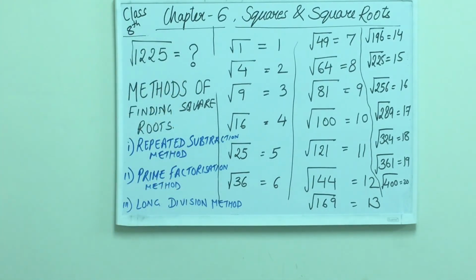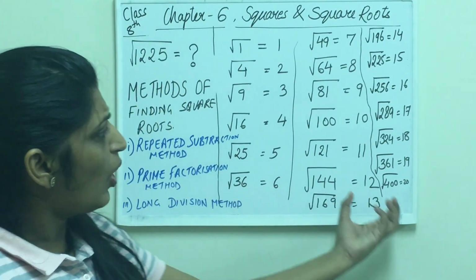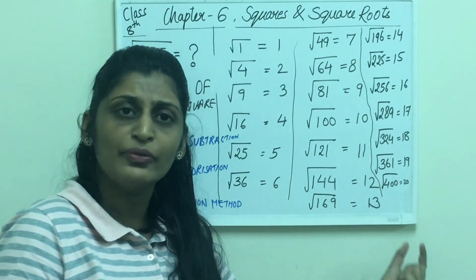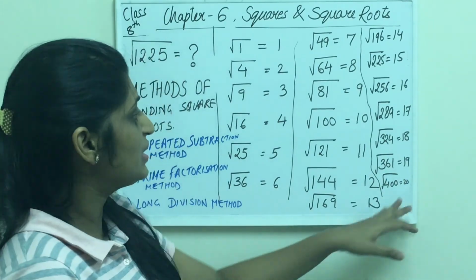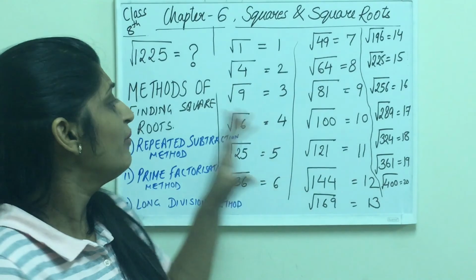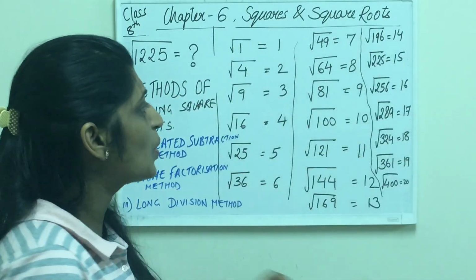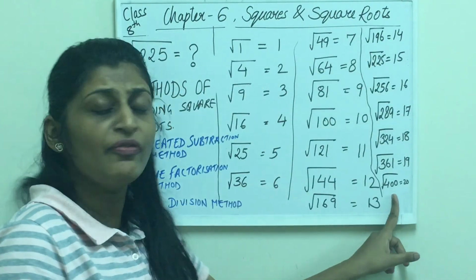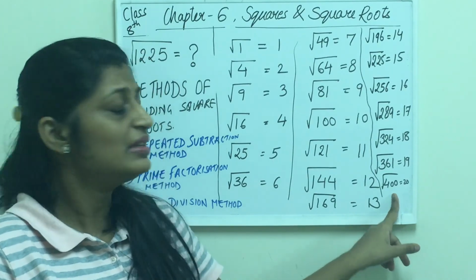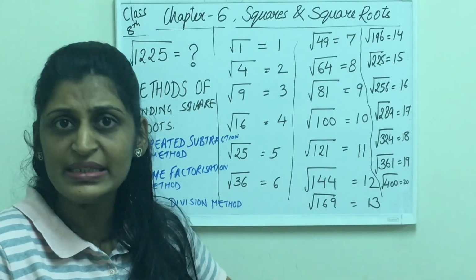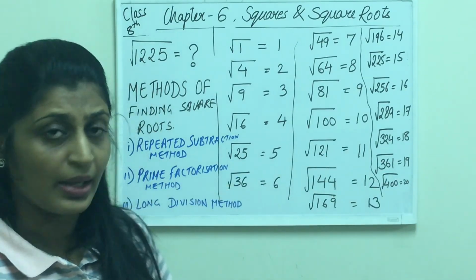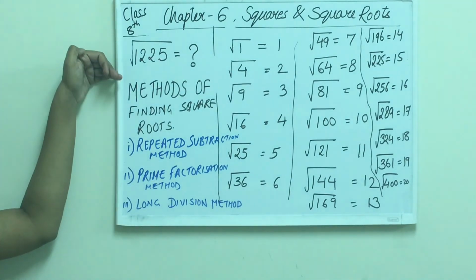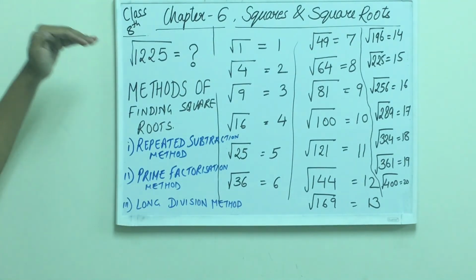We all know that for small numbers, like till the square root of 400, because we know the squares till 20, we can find the square roots easily, and the square root of 400 will be 20. But what if the number is bigger? Then how do we find the square roots?